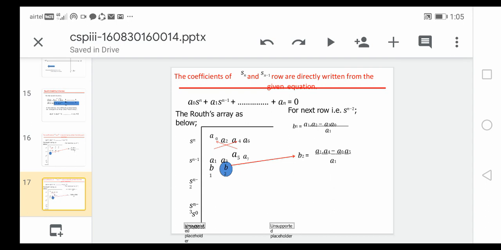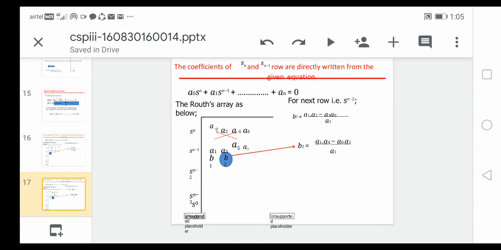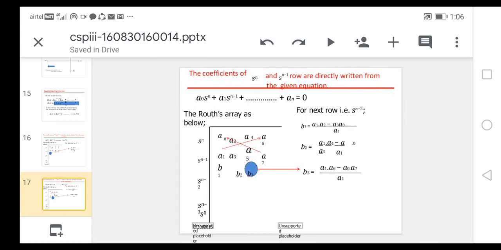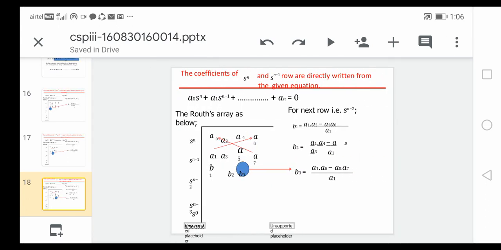Here b2 is a1 into a4 minus a0 into a5, divided by a1. Similarly, you need to write down the b1, b2, b3 values also.